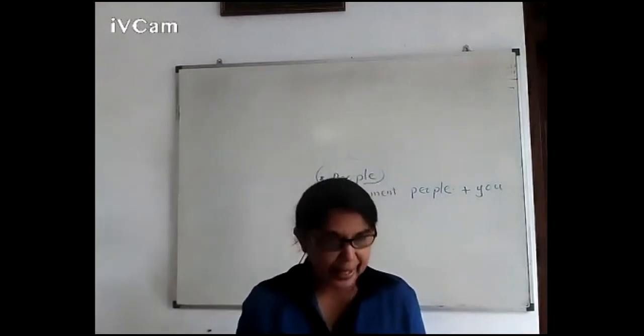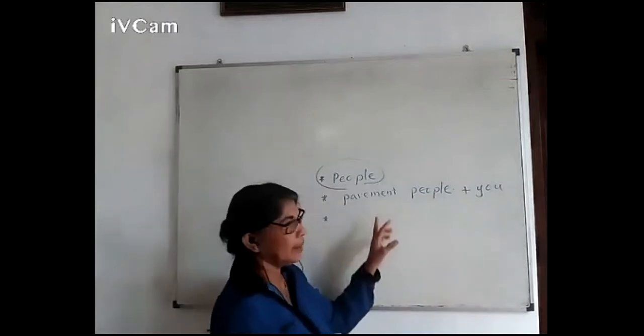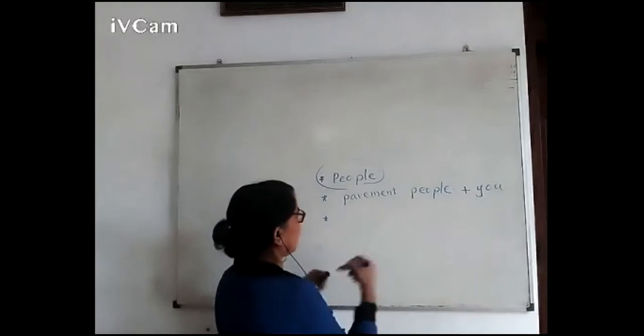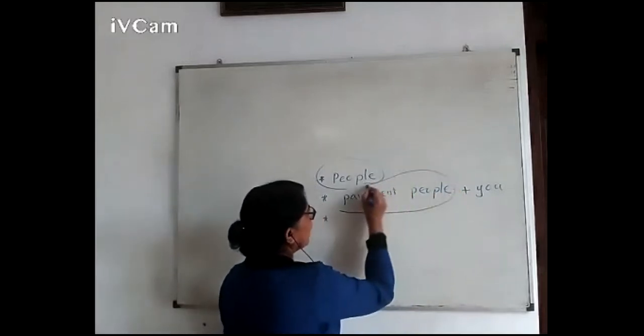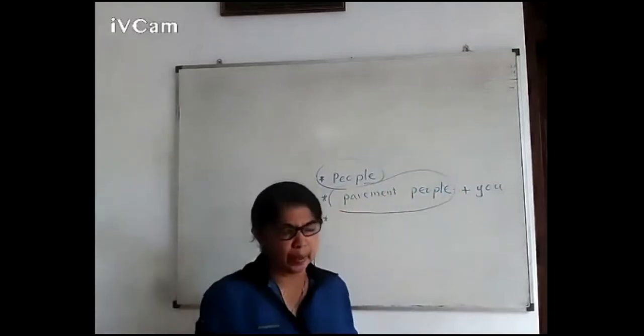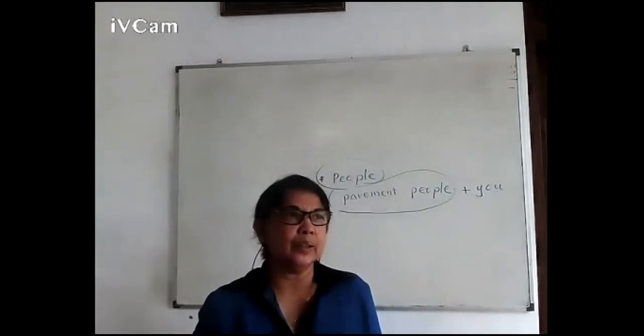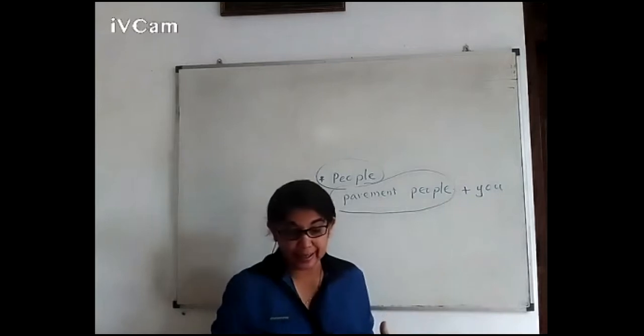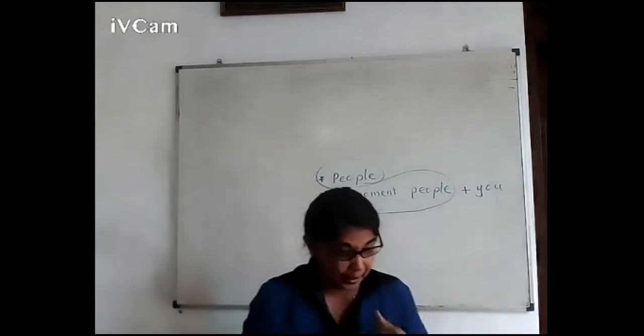Now here the narrator, as most of you said, according to the poem, we can say people who lived in the pavement, that means those who are suffering with poverty. Right? Okay.